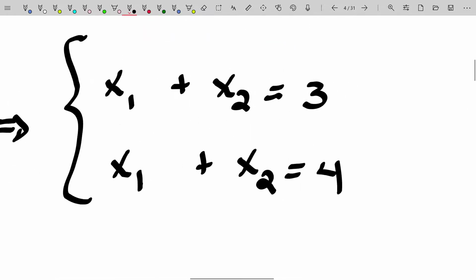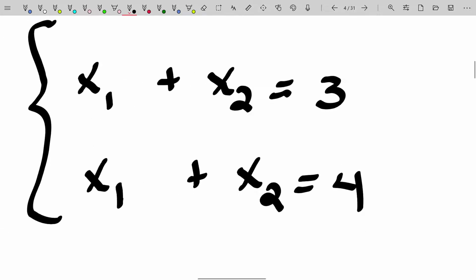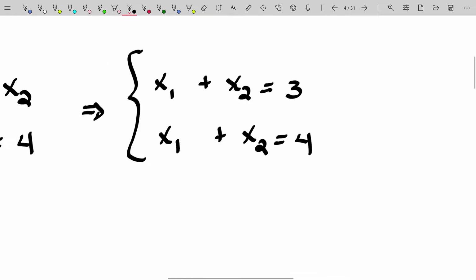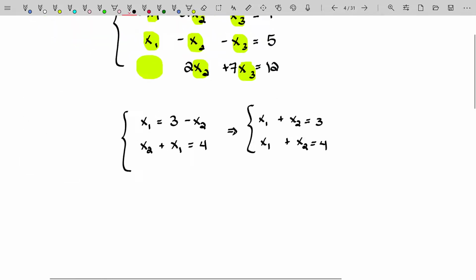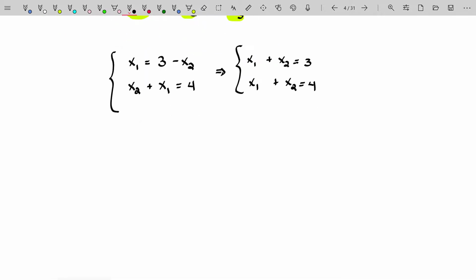If I told you I'm adding two numbers and they add to 3, and if you add those same two numbers and they add to 4, you should probably say there's no such two numbers, because there aren't any two numbers that both add to 3 and to 4 simultaneously. So there's technically no solution to that system of equations. Even though we're not running around trying to find solutions, that's just a heads up. Let's try another linear system.